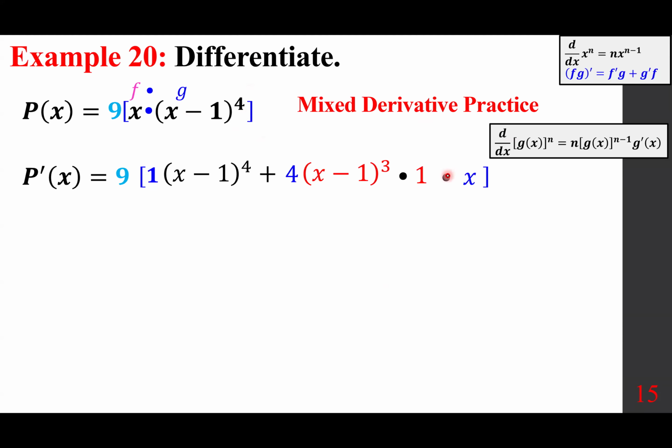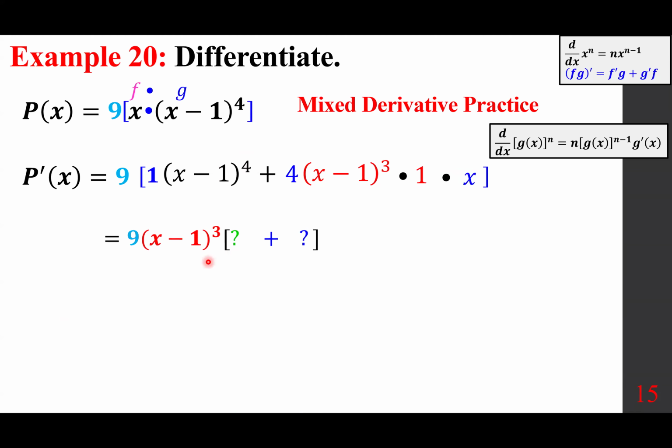And this is the end of calculus. Now we are going to simplify. So, of course, 9 remains, (x minus 1) to the power of 4 or 3. Of course, (x minus 1) cubed is the common factor, everybody. So if I divide this piece by this piece, I just get x minus 1.